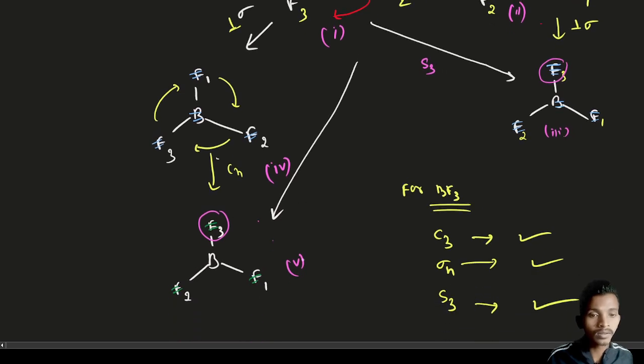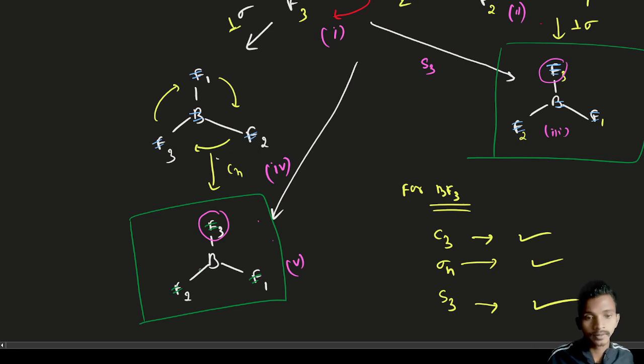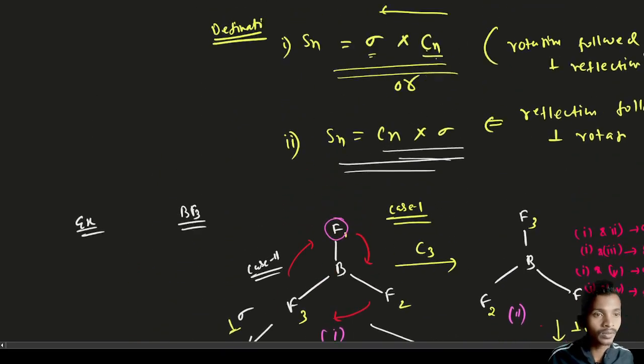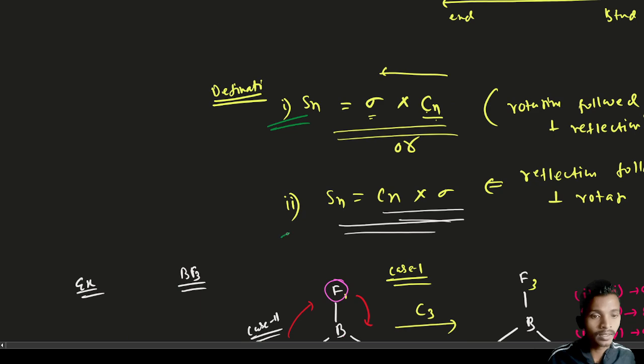So here also we get the same structure. These and these are identical. It means that you can use either this way or this way, so both will give you the same results.